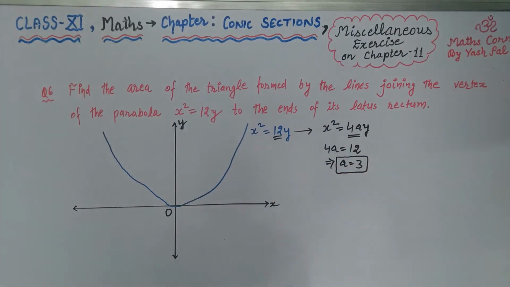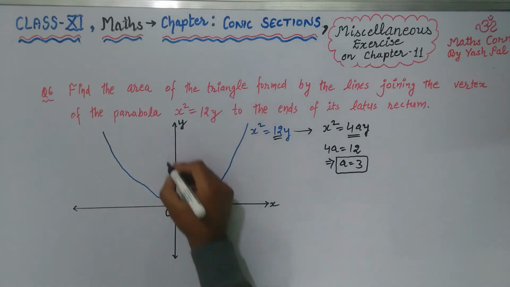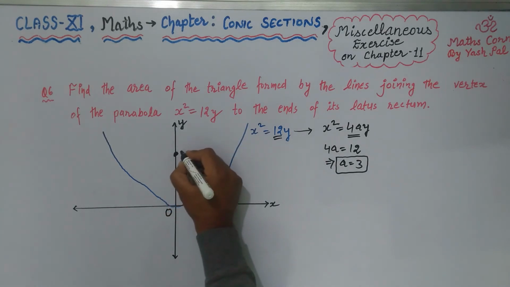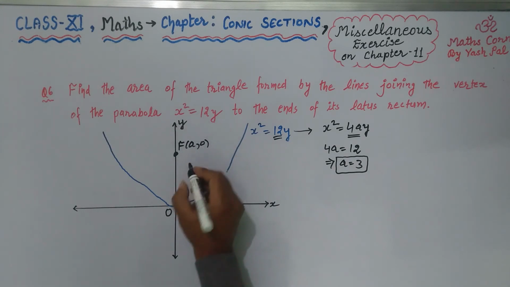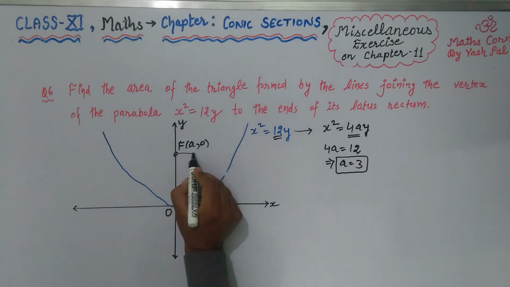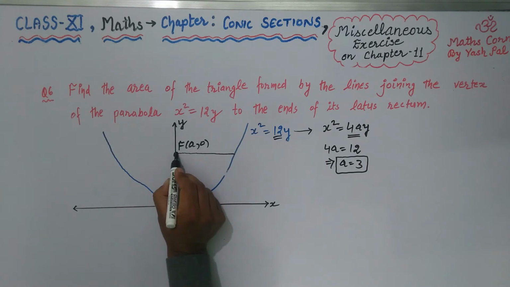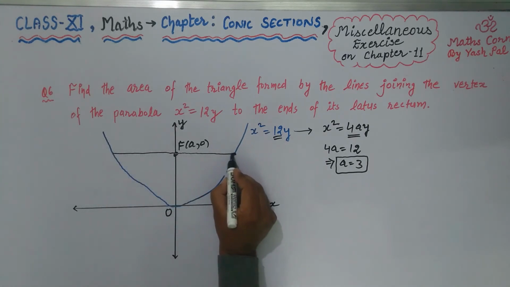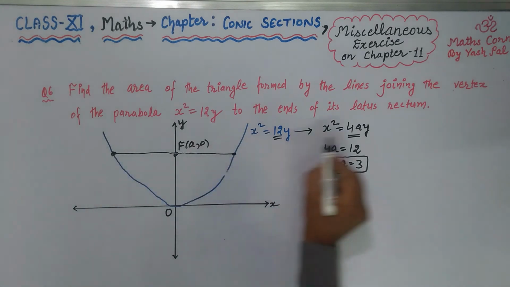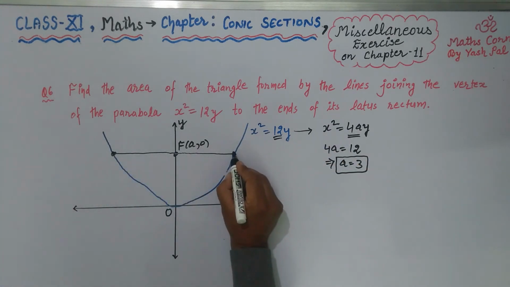Right? So now what is the focus? The focus is somewhere here, the point F, and its coordinates are (0, a). Passing through the focus, parallel to the x-axis, this is the line which is called the latus rectum.